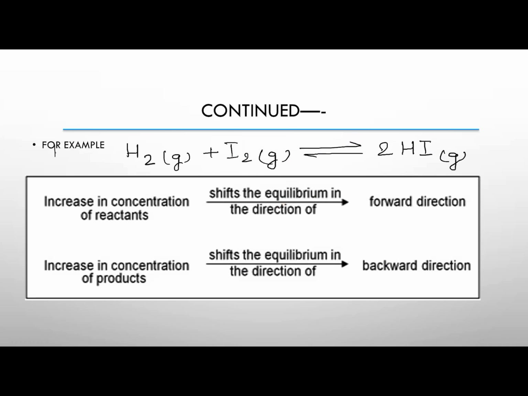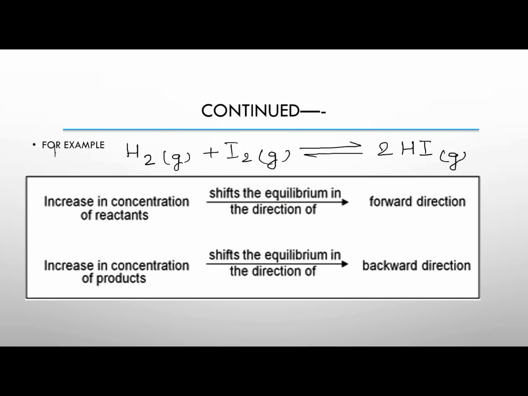When hydrogen is added, more hydrogen iodide will be formed, and if hydrogen iodide is added, then hydrogen iodide will be decomposed to form hydrogen and iodine.